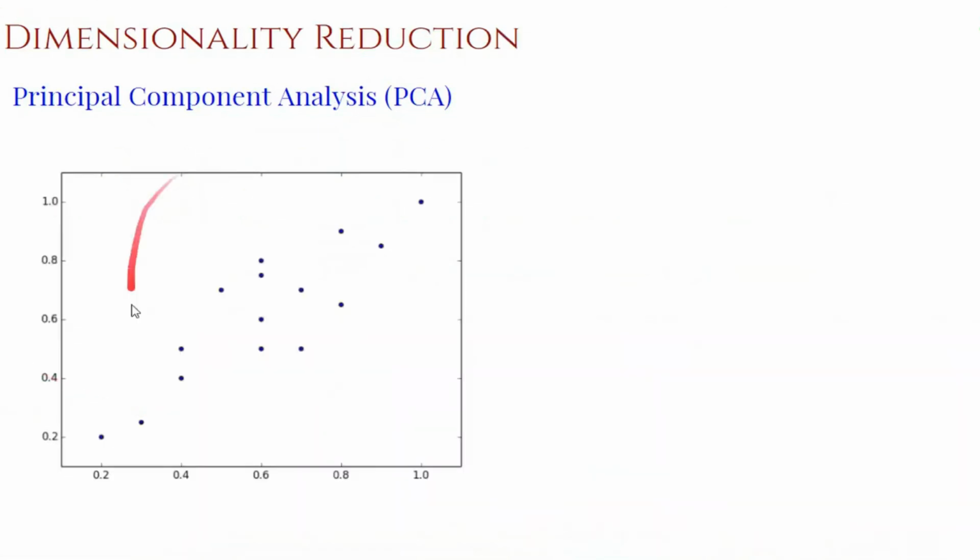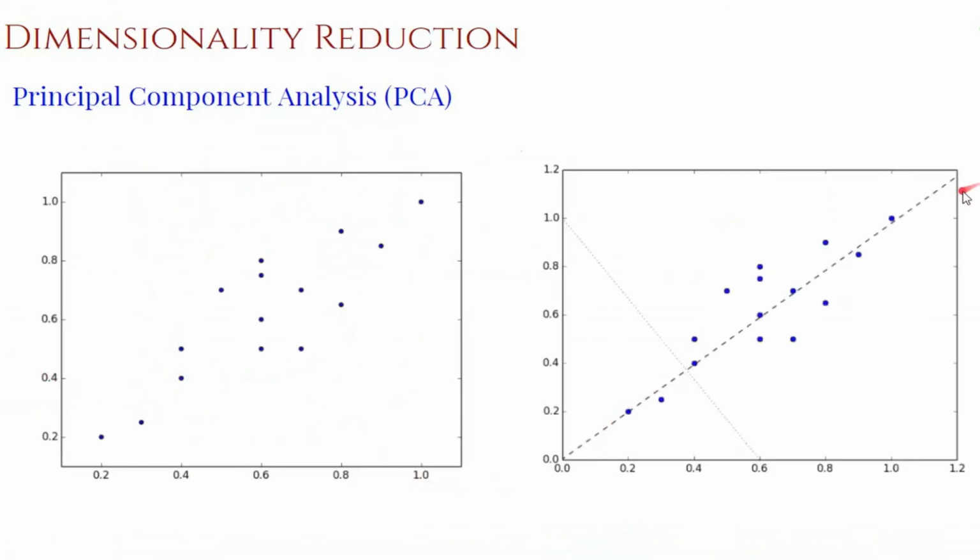So if we assume this simple two-dimensional data, what it actually tried to find out is along which direction there is maximum variability of the data. Along which direction you can find maximum variation of the data. So if we look at that point of view, here you have a dashed line and a dotted line.